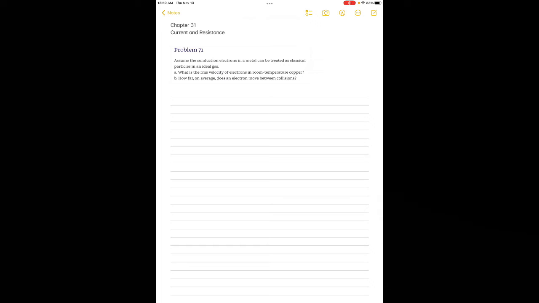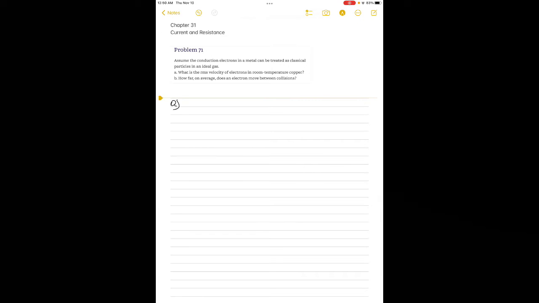So let's start with part A. The root mean square velocity equals the square root of 3 times the Boltzmann constant times the temperature in Kelvin, divided by the mass of the electron, because they're asking us the velocity of an electron.